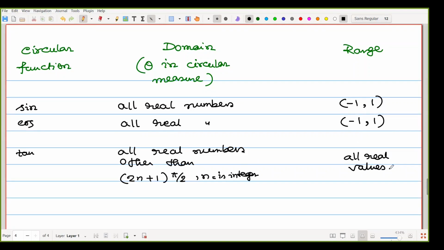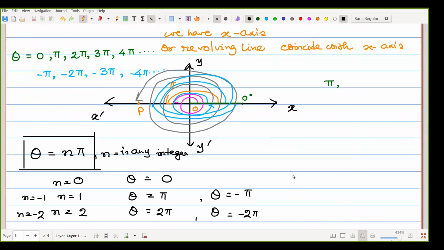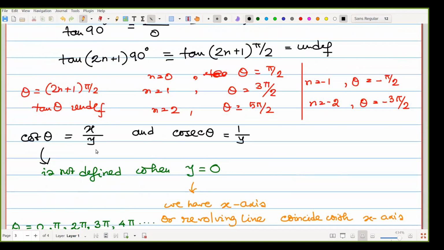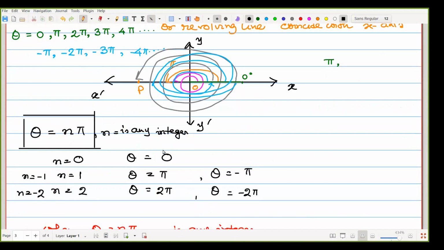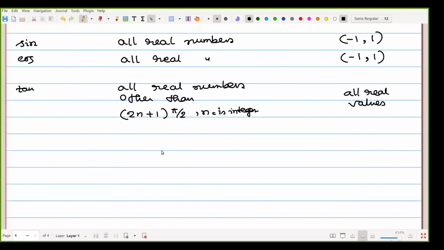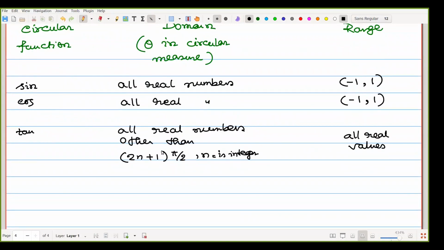Look, already we have said that for the value of n when theta is equal to (2n plus 1) pi by 2, tan theta is undefined. So here we can say when theta is equal to (2n plus 1) pi by 2, except that value, all the other values of tan are real.